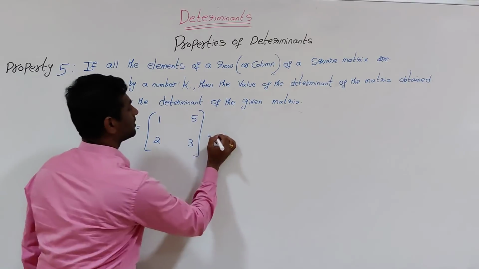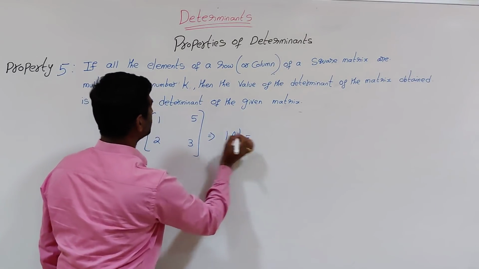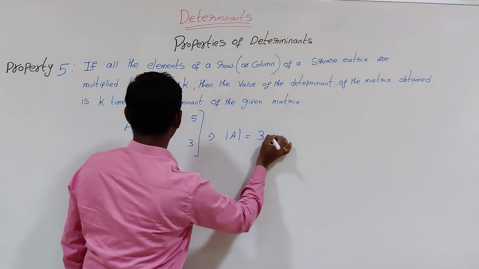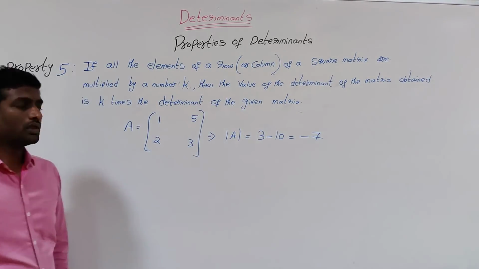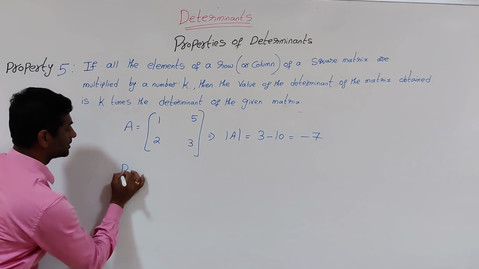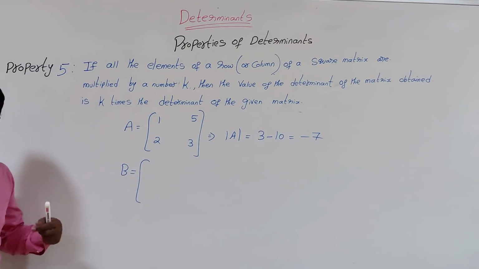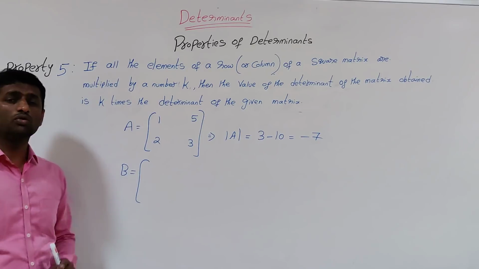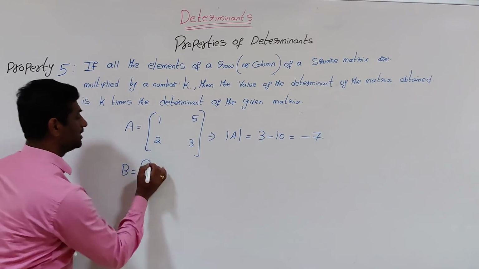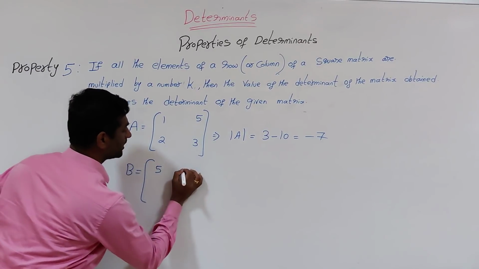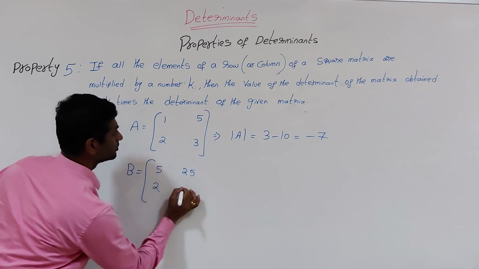What is the determinant of A? Determinant of A is 1 into 3, 3, minus 5 into 2, 10, that is minus 7. Now suppose I want to multiply the first row by some scalar, let us take 5: 1 into 5, 5, 5 into 5, 25, 2, 3.